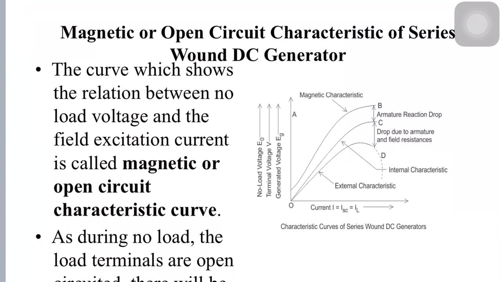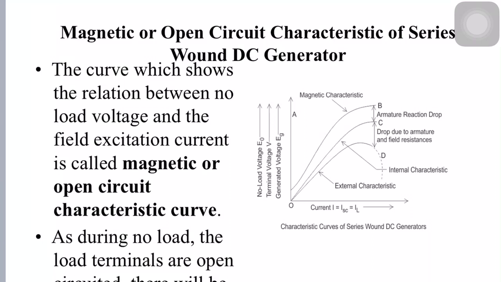So we can obtain these curves practically by separating the field winding and exciting the DC generator by an external source. In this diagram, the AB curve shows the magnetic or open circuit characteristics of the DC generator.